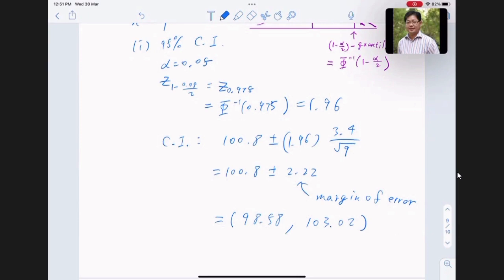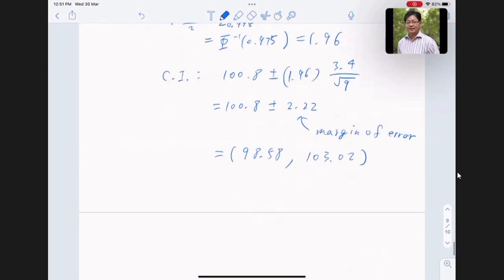Okay? And if you want to have a higher confidence, you want to have a larger coverage, like in the second part, for 98%, then you need to change the value of alpha to 0.02, so that the quantile will become larger.